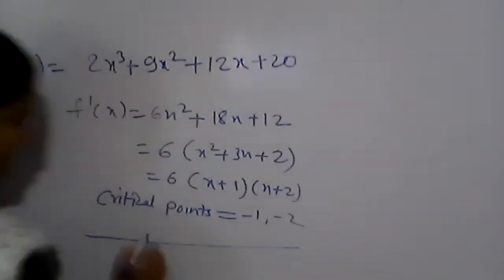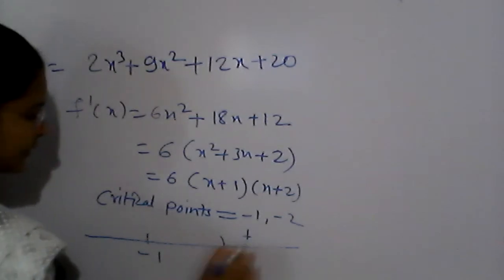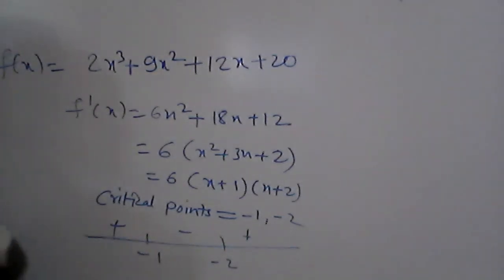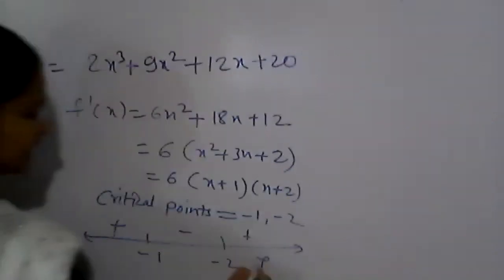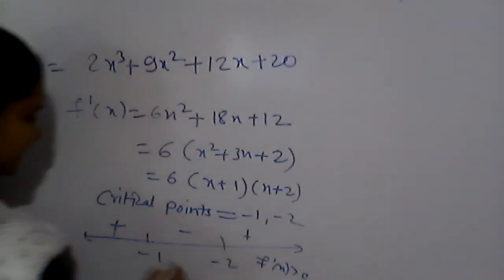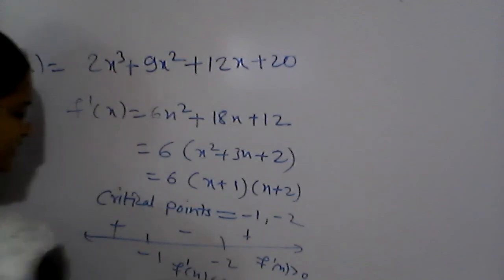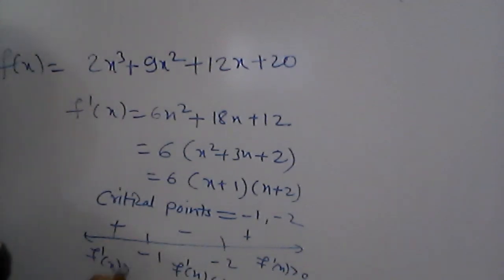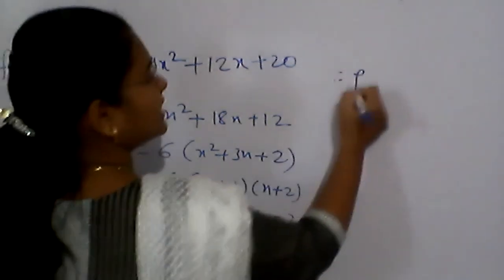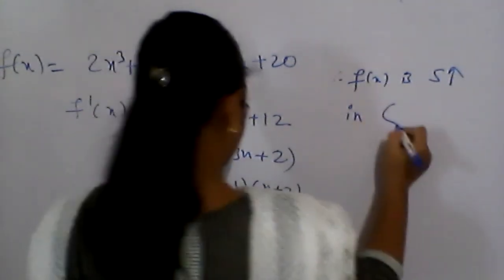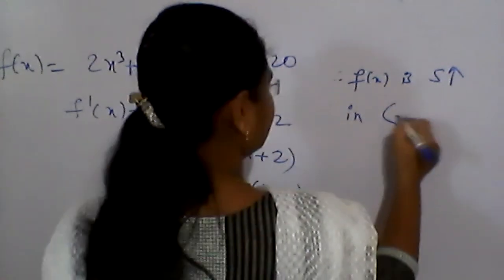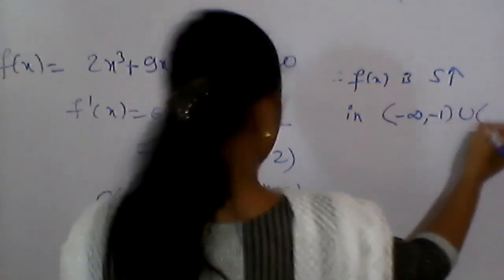Now if I draw here -1 and -2, is this positive or negative? Positive. Okay? So here f dash x is greater than 0. In this interval f dash x is less than 0, and in this interval f dash x is greater than 0. Therefore f of x is strictly increasing in which interval? -∞ to -1 union with minus.